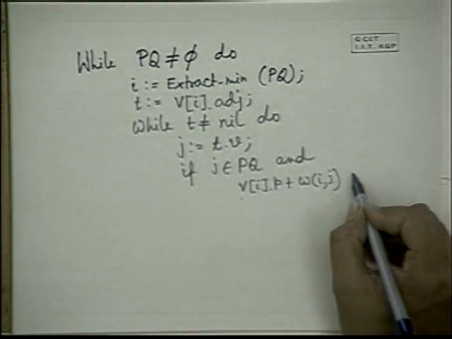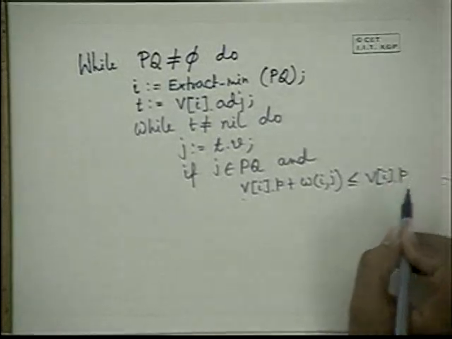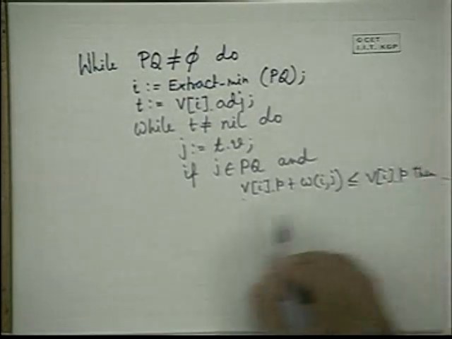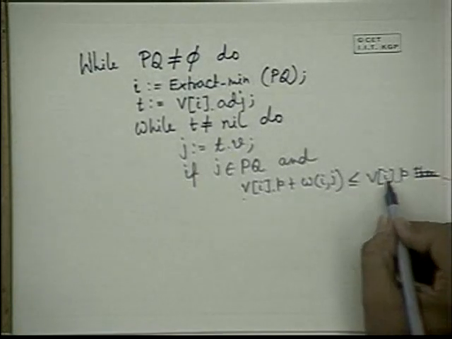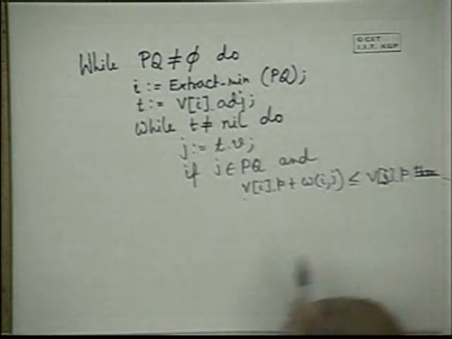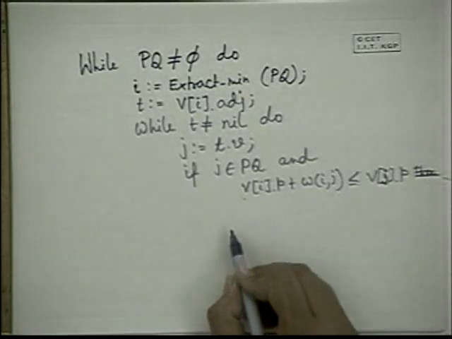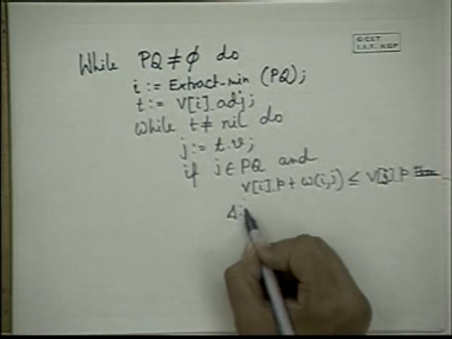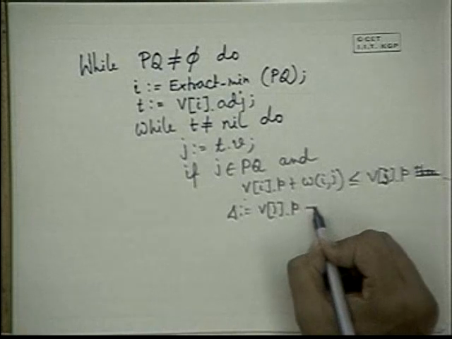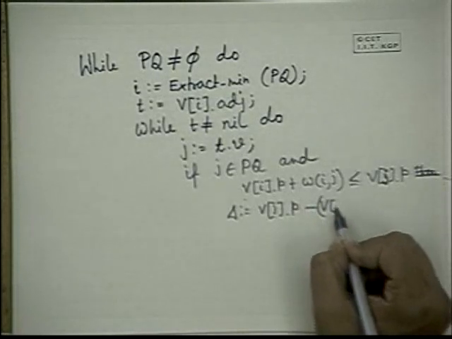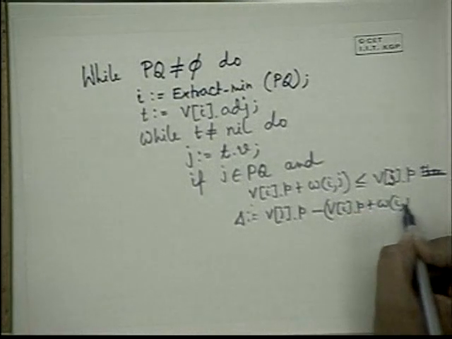If this is less than or equal to Vj dot P, sorry, if it is less than or equal to Vj dot P, then delta is equal to Vj dot P minus Vi dot P plus Wij.